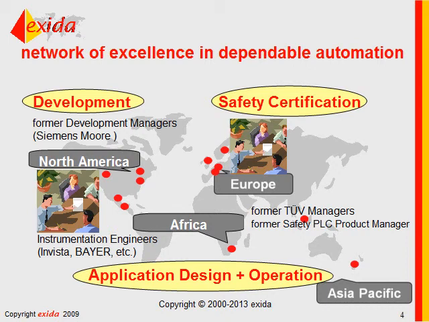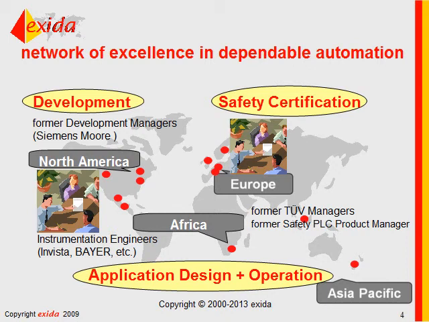I work for exida. Exida is a global corporation with offices around the world. We are composed of a group of people who not only have product development experience, so many of our people thoroughly understand what's inside all the sets of equipment that you have.